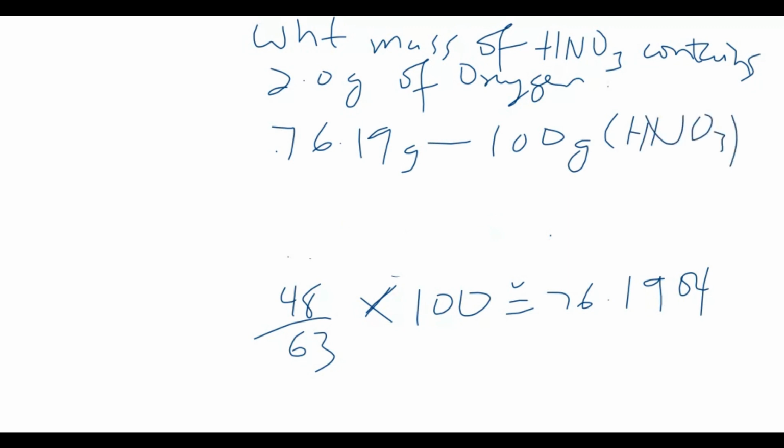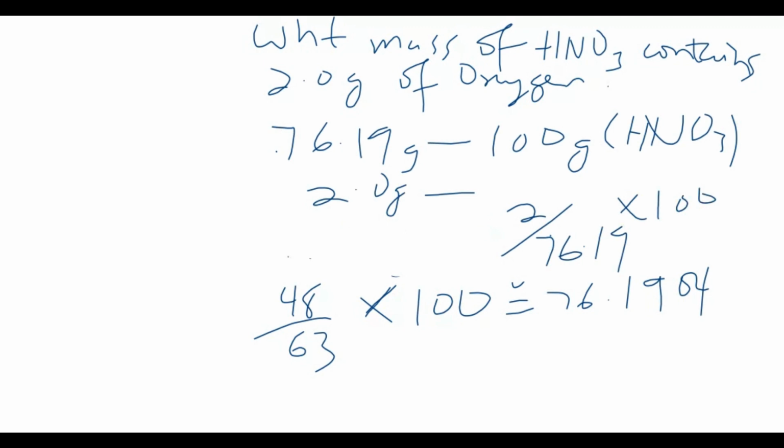So when we have 2 grams of oxygen, in what mass of HNO3 is it going to be? By ratio we know that it's going to be 2 on 76.19 times 100.